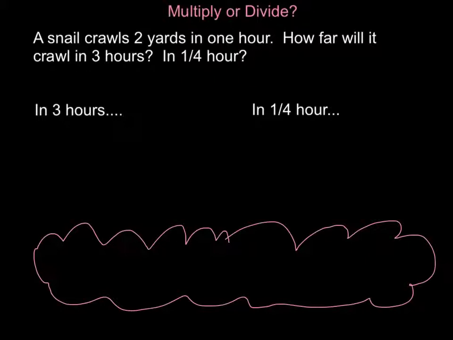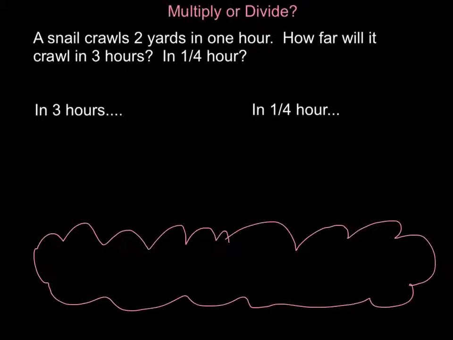So here we find out that a snail crawls 2 yards in 1 hour, speedy snail, and then we're asked two things. How far will it crawl in 3 hours? And then how far will it crawl in 1/4 of an hour? Well, let's take this 3 hours. So we have 2 yards an hour, 3 hours.